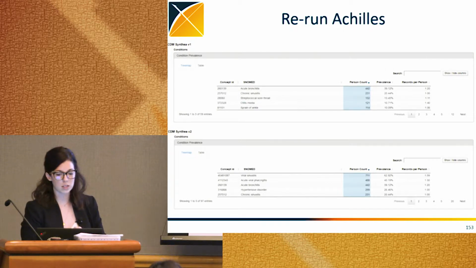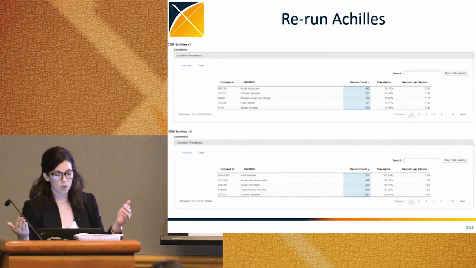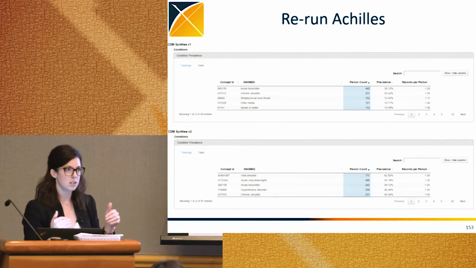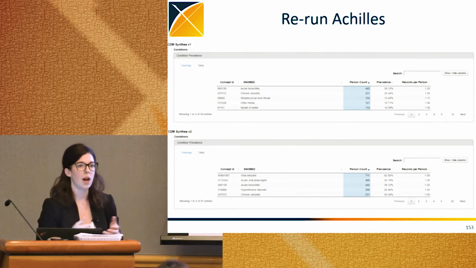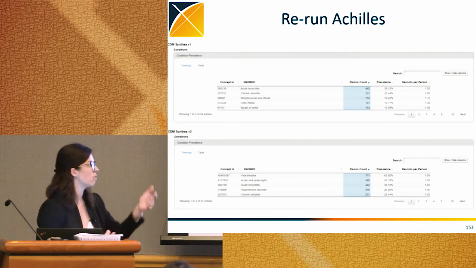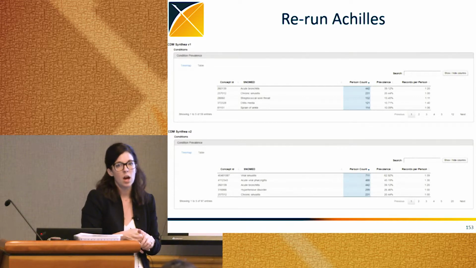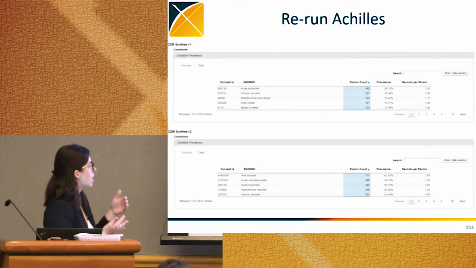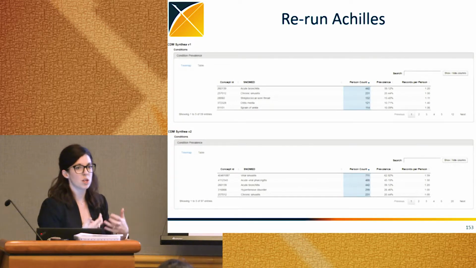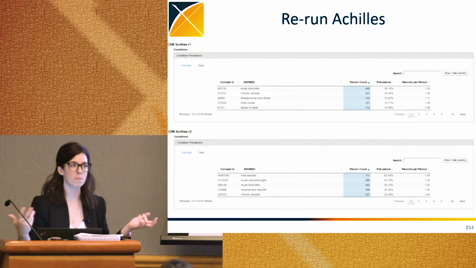But in version 2, once we fixed our mapping, viral sinusitis is the one occurring most often, with over 700 people having that code. So if you're running a study on version 1, looking at viral sinusitis, and you're not finding anyone, that's really going to affect the evidence you're generating. You're not going to get the actual correct information that you should have gotten because you didn't have those mappings done correctly.